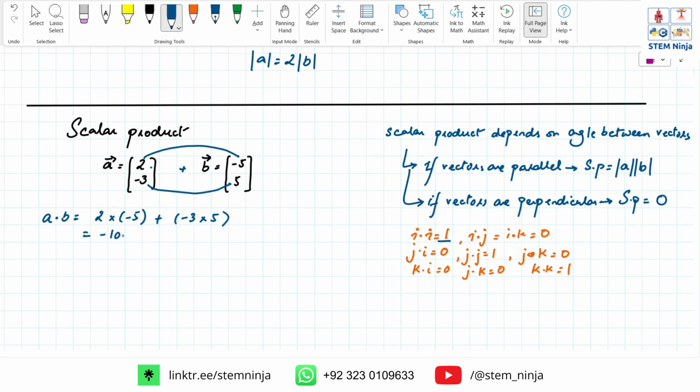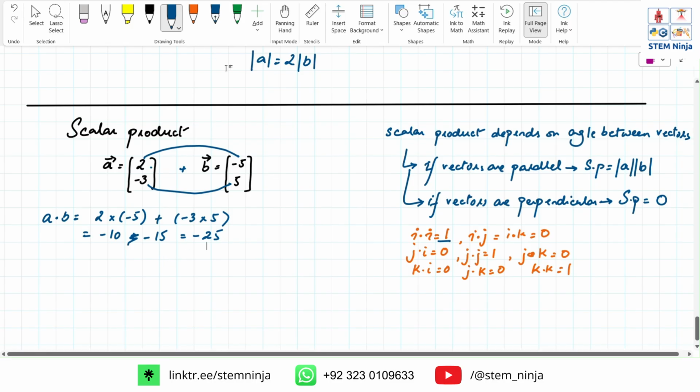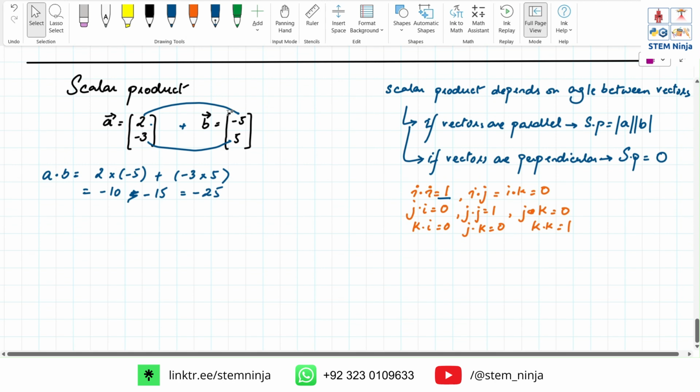So minus 10 plus minus 15. So this gets us minus 25. What if this had been in the IJ format?